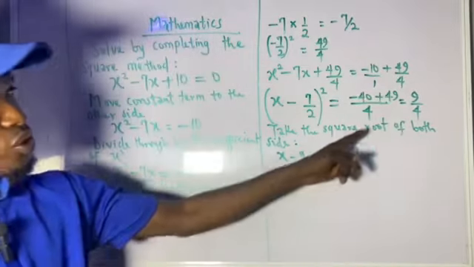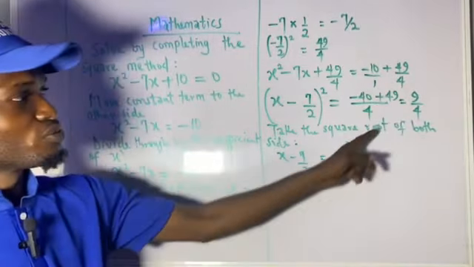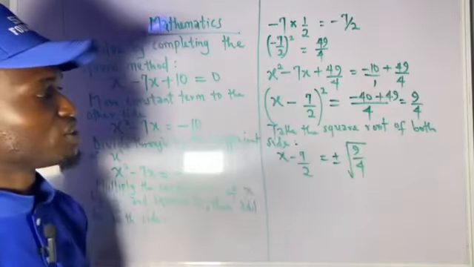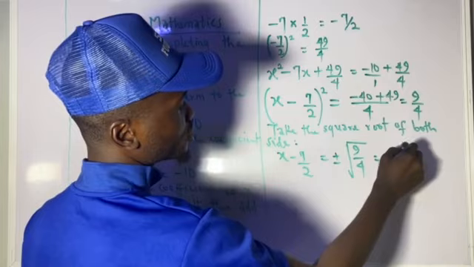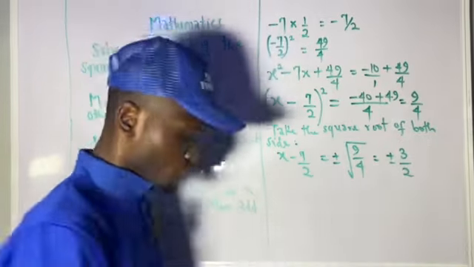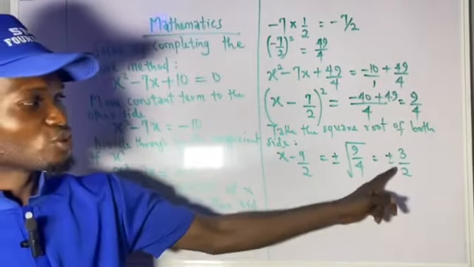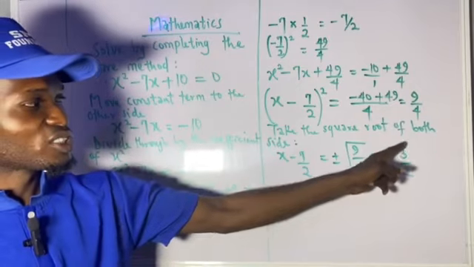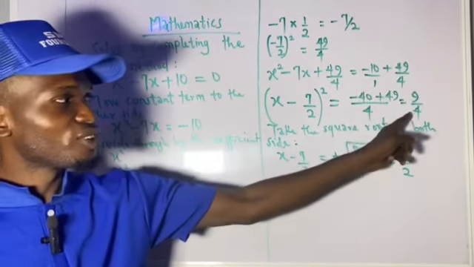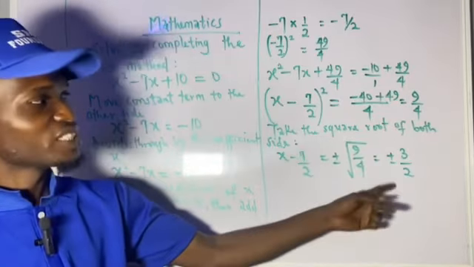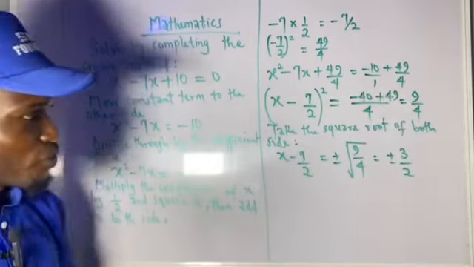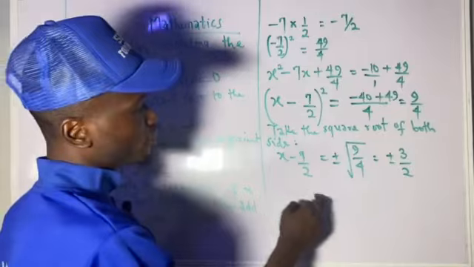From here, we will have plus or minus 3 over 2. If you use plus 3 over 2 squared, you will get 9 over 4, and if you use minus 3 over 2 squared, you will still get 9 over 4.